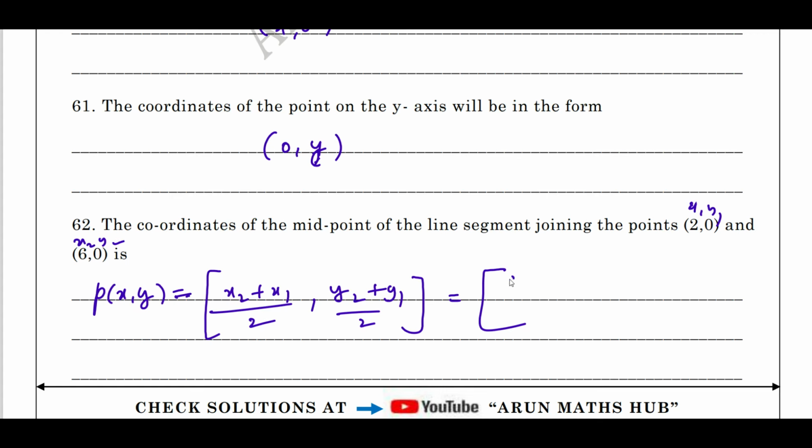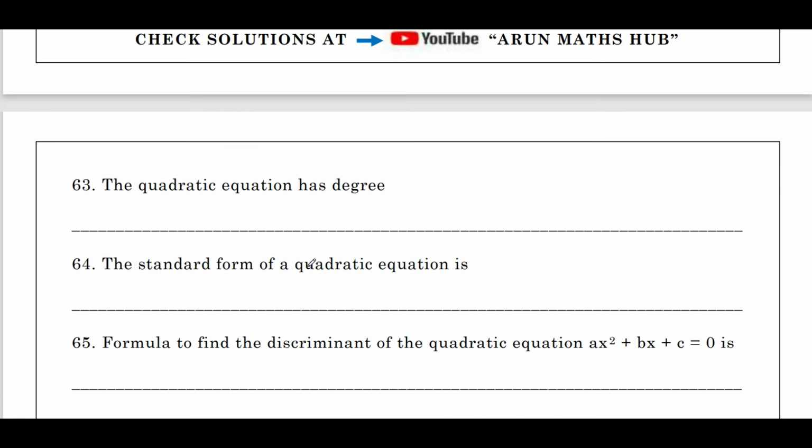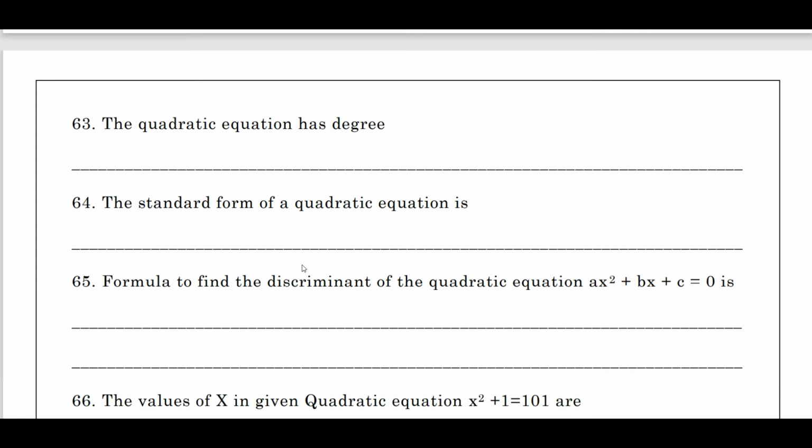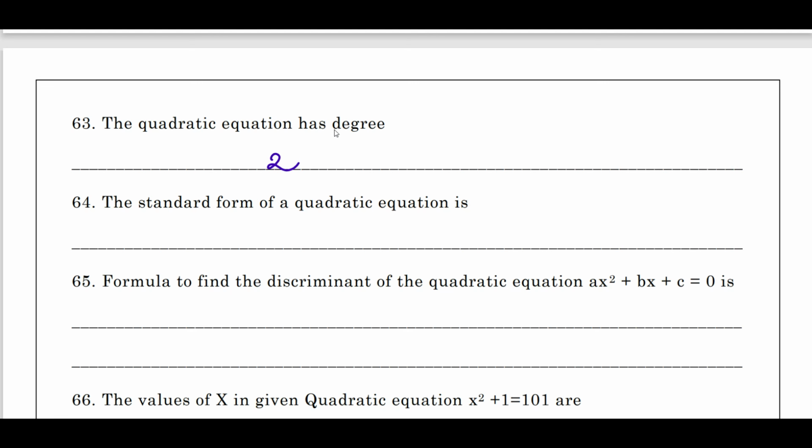That is 6 plus 2 by 2, and y2 is 0, y1 is 0, by 2. 6 plus 2 is 8 by 2 is 4. 0 plus 0 is 0 by 2 is 0. So the midpoint is 4, 0.